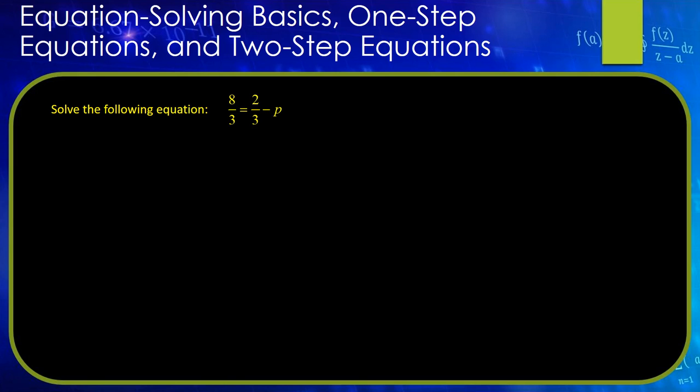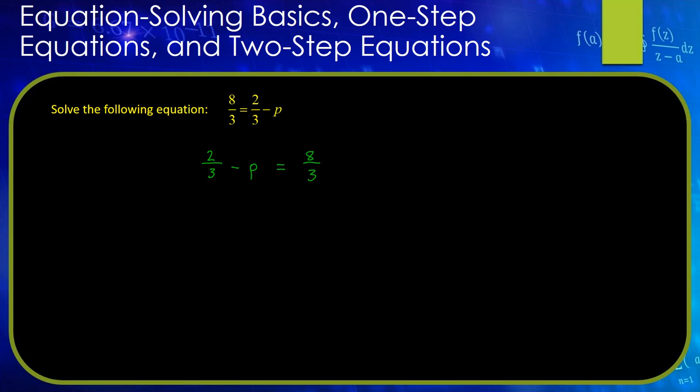So for this one here, you have 8/3 equaling 2/3 minus p. I'm going to first change the sides around a little bit. So 2/3 minus p equals 8/3.